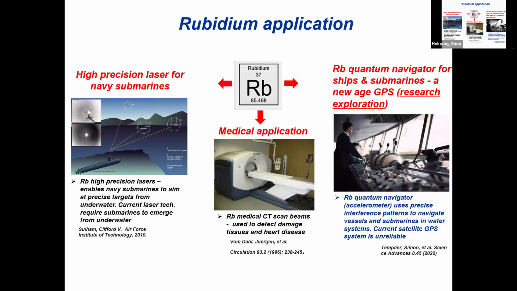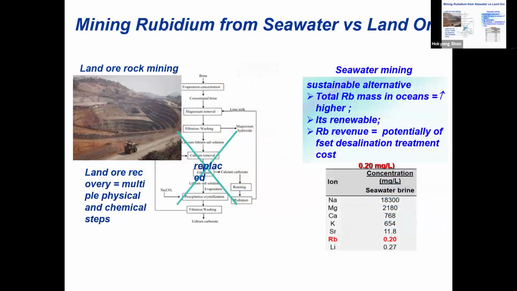It has to be a little bit from here, a little bit from here, combined with different minerals. So there is no such rubidium mining site. So seawater would be a good opportunity. We can try to recover rubidium from seawater because land or rock mining is not available.